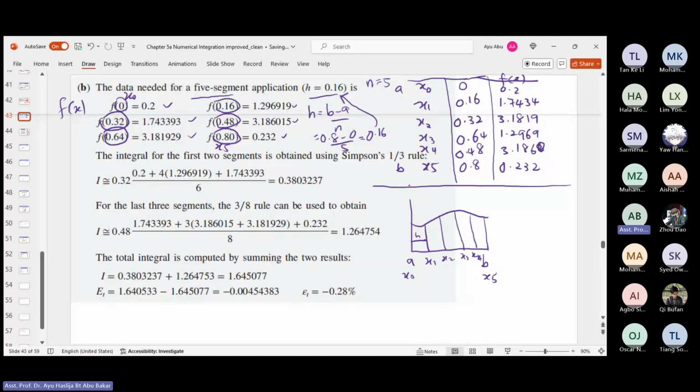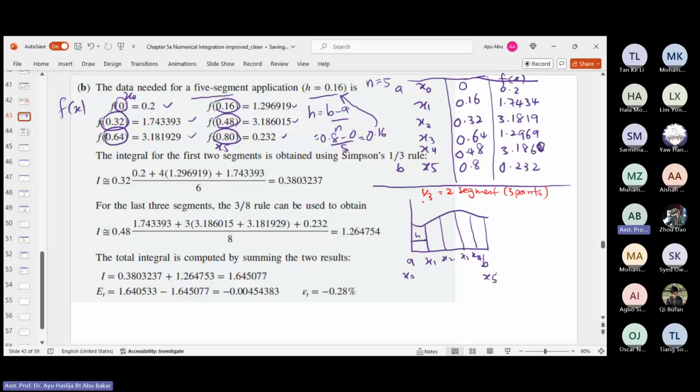What is the minimum number of points for the 1/3 rule? 2 segments. 2 segments mean 3 points, right? For 1/3, you have 2 segments, 3 points.